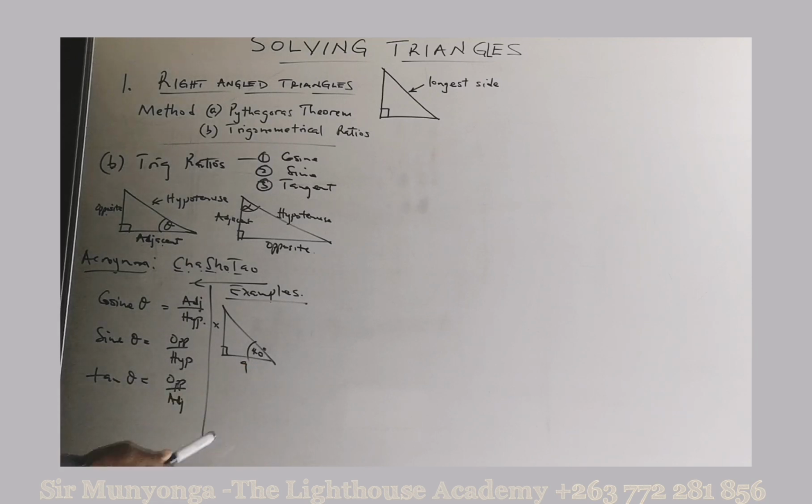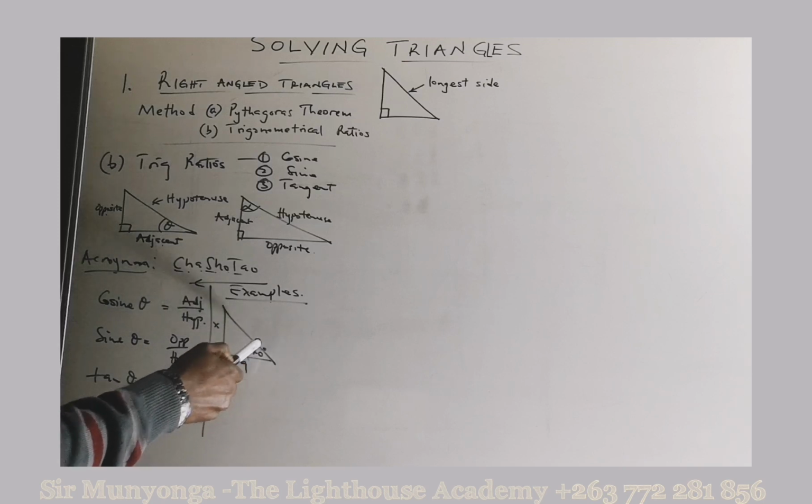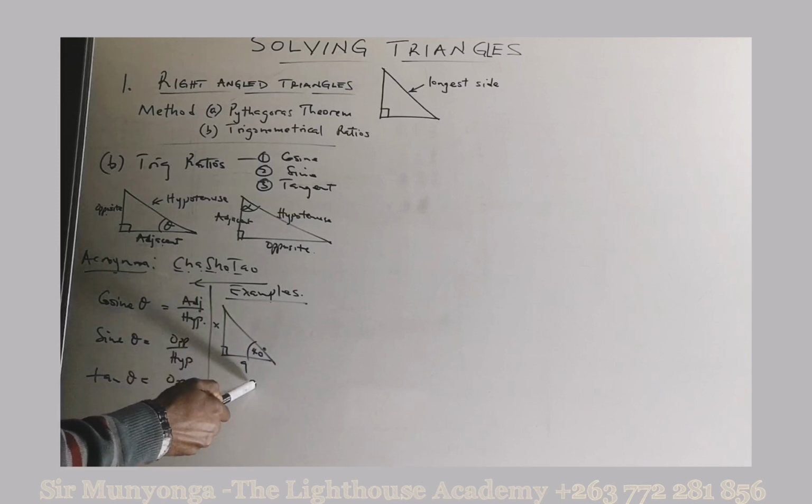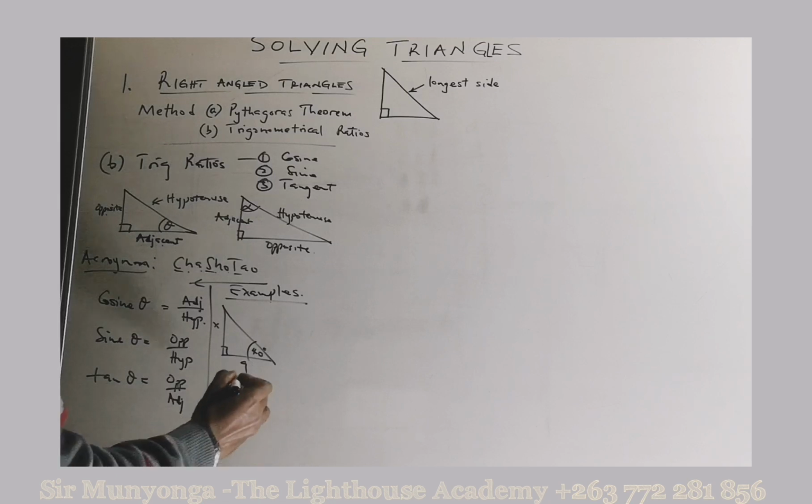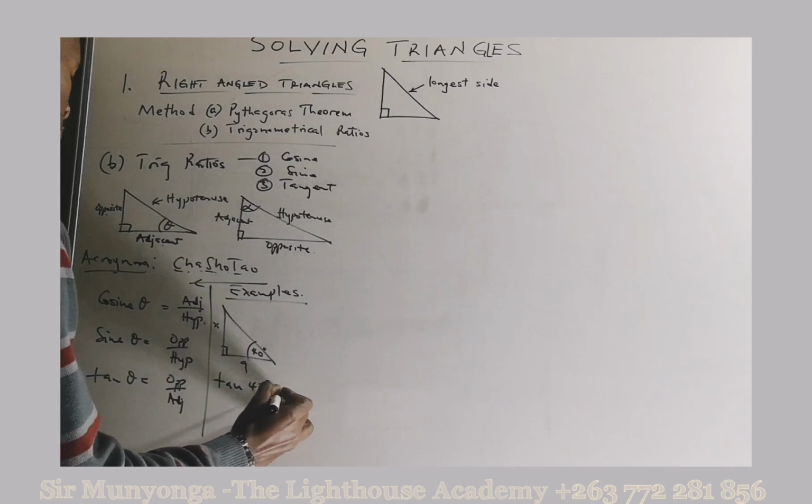We look at the given angle: the side in question is opposite, and the given side is 9, which is adjacent. We go to the acronym. Which trig ratio relates opposite and adjacent? That's tan. That's how you pick the trig ratio to use.